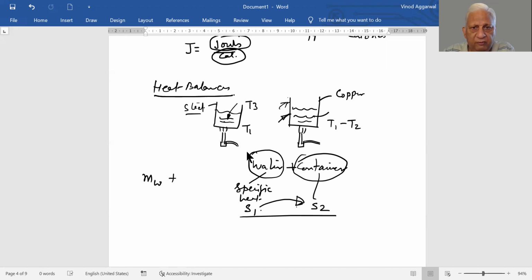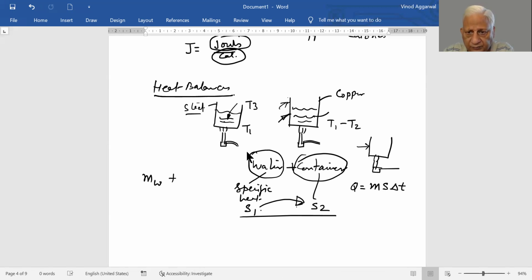That means, what will be the equivalent of water which will behave exactly like the container? Suppose we take only the container without any water and heat it, its temperature will rise, some heat will be required, and which will be the same as mass of the container into specific heat into delta T, right?